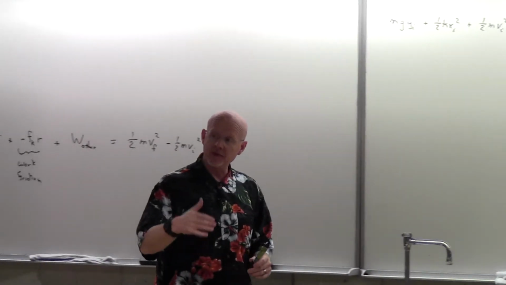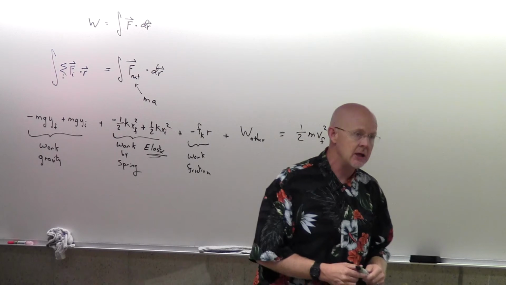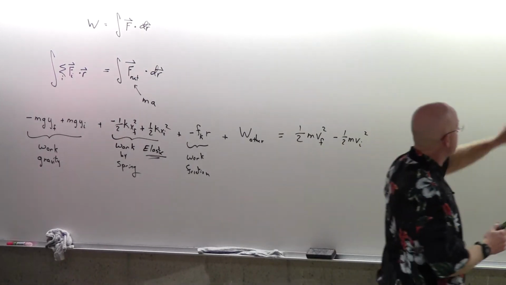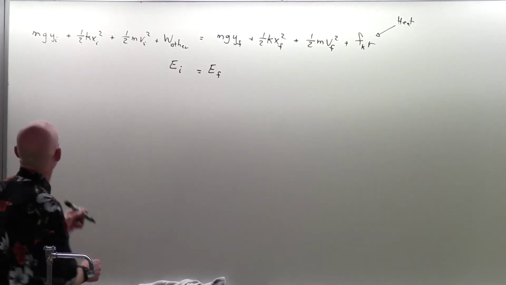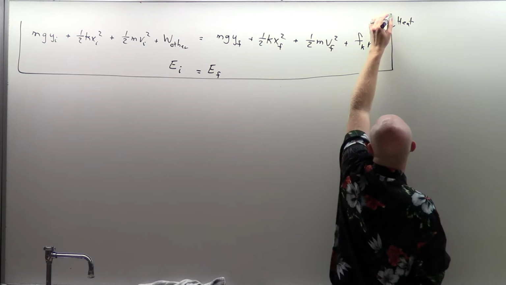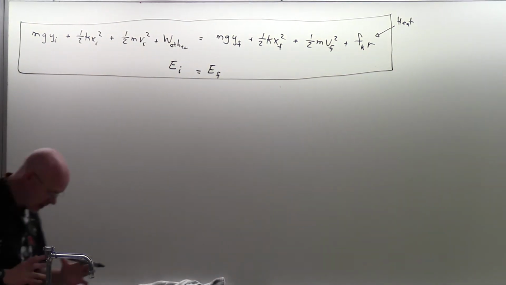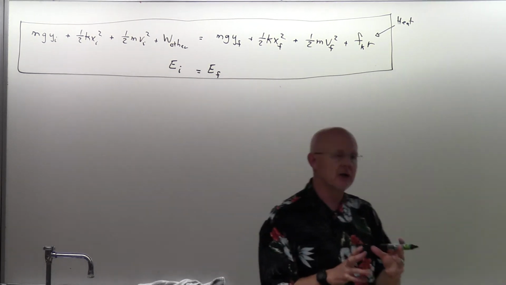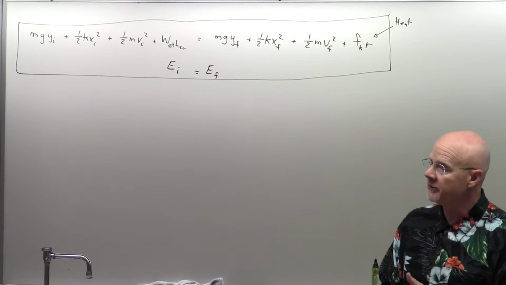And so both chapters 7 and 8 are really trying to build up to this grand finale. 7 just does a couple of terms. 8 adds the other terms like heat in there. I'm going to put a box around it and try not to erase it for the rest of today. But there is, you'll see what I'm going to try and illustrate in chapter 7 and chapter 8. It's a principle called conservation of energy.